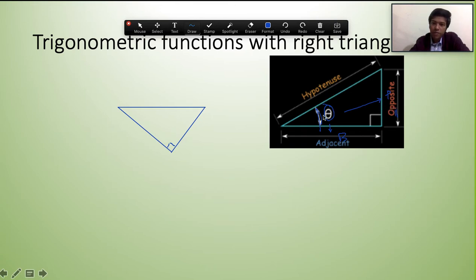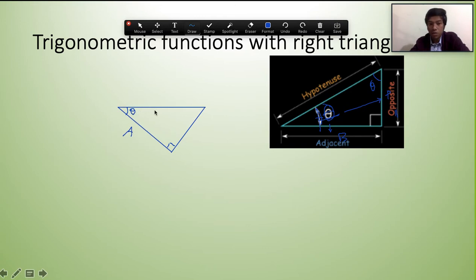So if they don't give the angle here, if they give the angle on this side, in this case this will become the adjacent or base, and this will become the opposite. So in this figure, if we give the theta here, then this will be our adjacent, because this is the side which is with the theta.